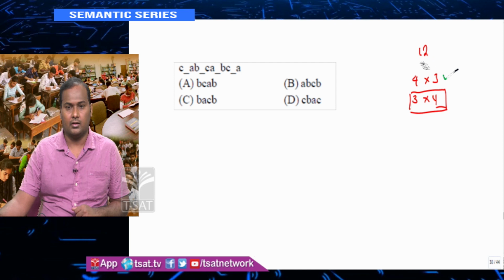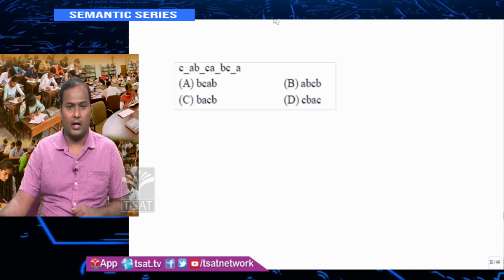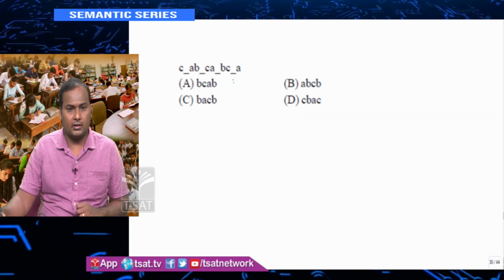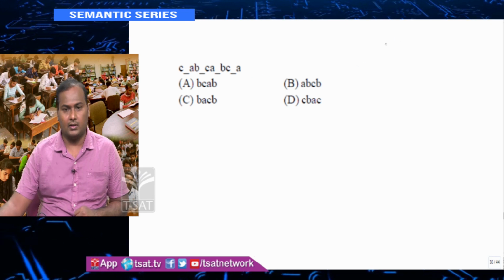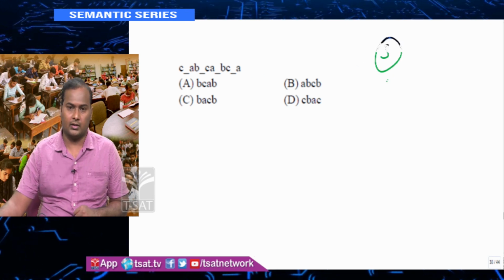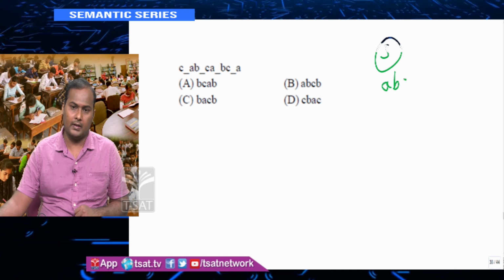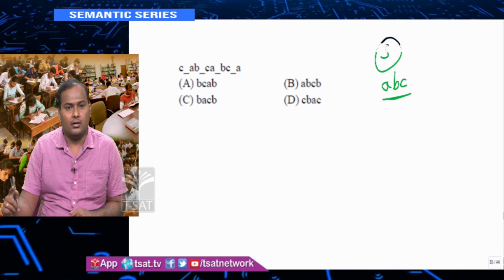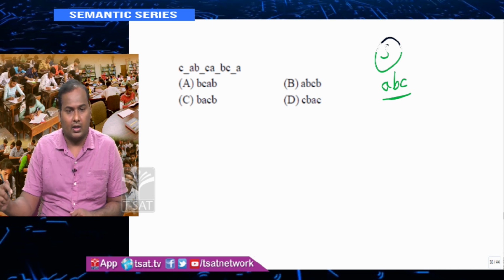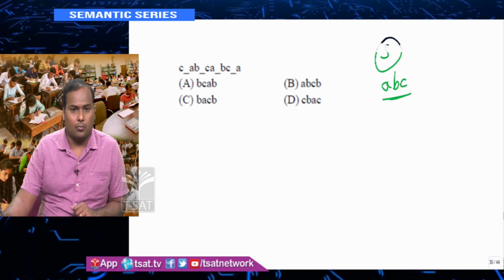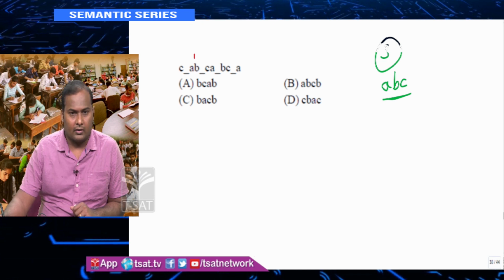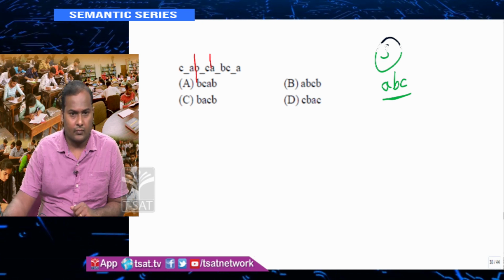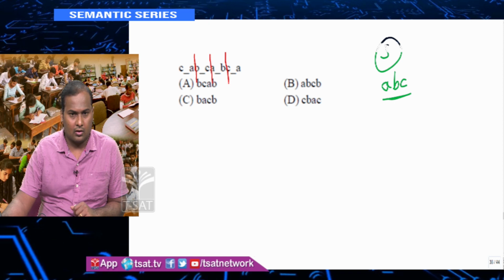The next approach: if you check this particular series, there are 3 letters that are repeating. What are the 3 letters? That is A, B and C. So I will try to fill in these 3 letters in each block. First I will divide into the first block, second block and third block.